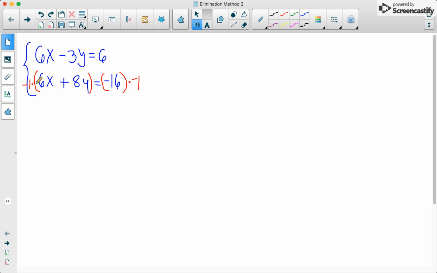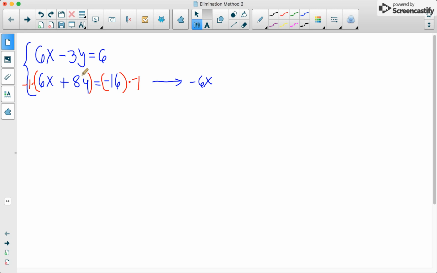So that means that every single number in the equation is going to be multiplied by negative 1. Now, multiplying by a negative 1 is a fancy way to say that I'm just changing the signs of the numbers. So, for example, when I'm multiplying here by negative 1, this 6x that was positive becomes negative. Why? Because negative 1 times 6 is negative 6.